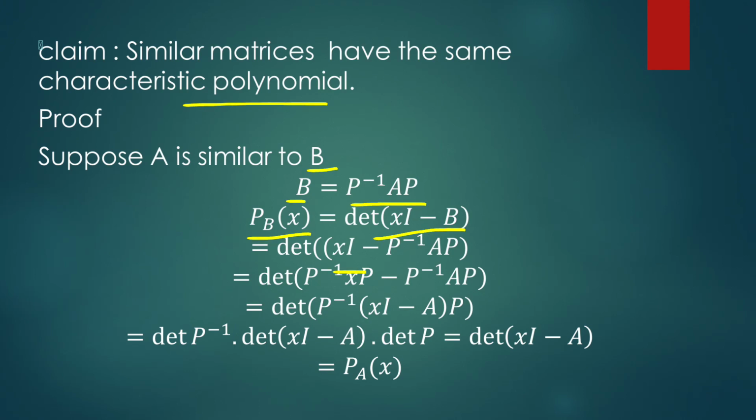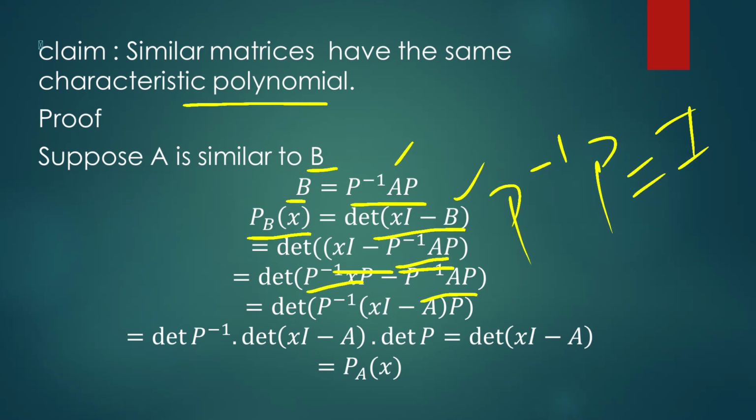Just substitute what you know, because we know B is this. By distribution, this is the same as this, because the inverse of P times P is equal to the identity, so that gives you the identity.